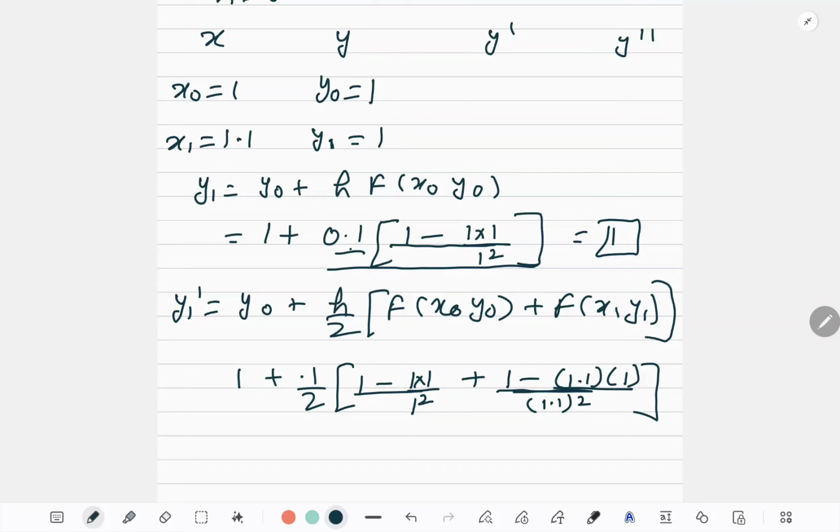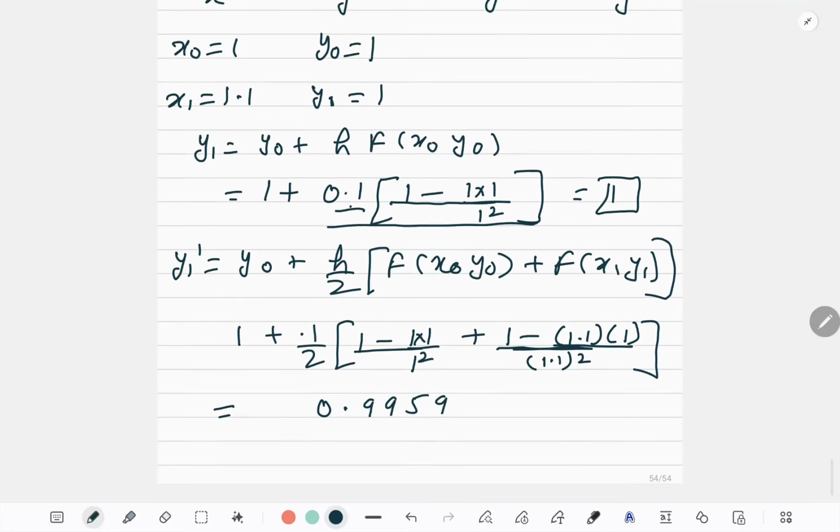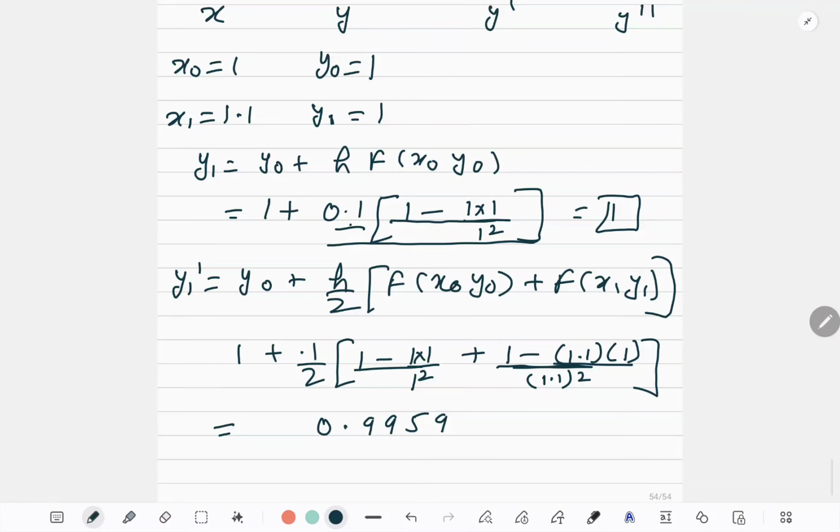So now when you modify this answer, how much will you get? This will be equal to 0.9959. Now again you modify the answer, you will get the same answer. When you are doing the modification, only this last value will change. In place of 1, which was the value of y1, y1 dash will come.